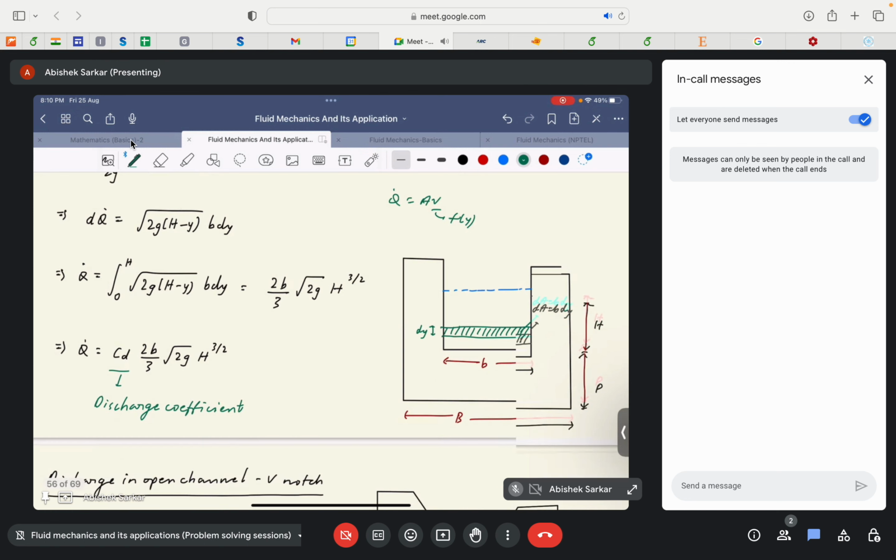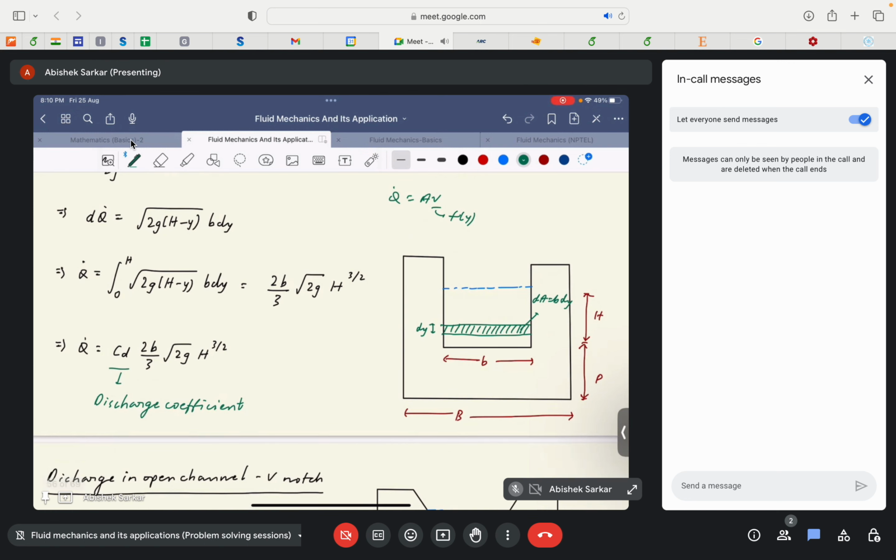So this would be the elemental volume flow rate through this elemental area, and to find the net volume flow rate we do the integration from 0 to h. If we take this as 0, then the height of the liquid at the notch is equal to h. So we do the integration from 0 to h, and then we finally find that the net volume flow rate is equal to 2b by 3 root 2g h to the power 3 by 2.